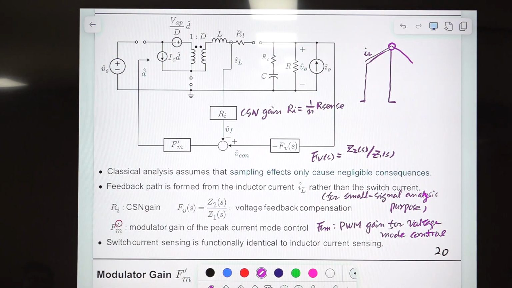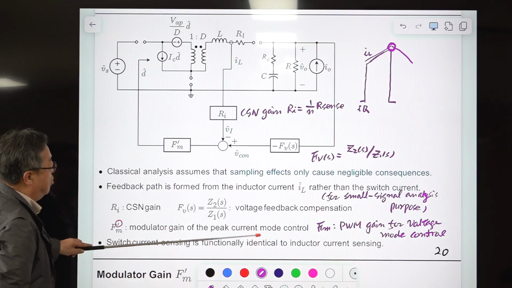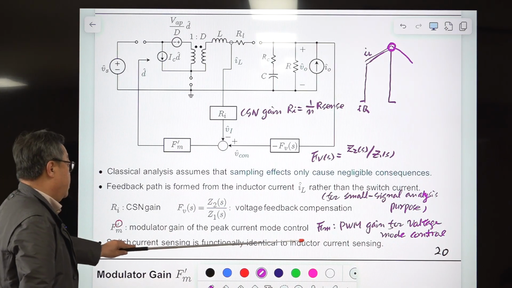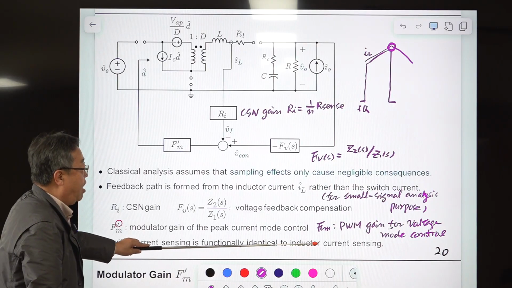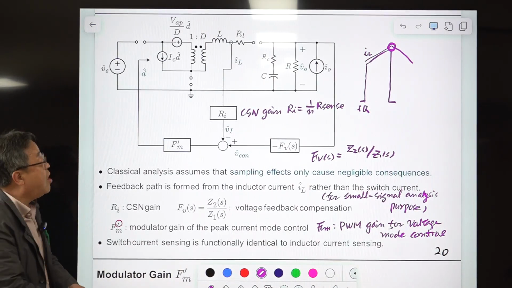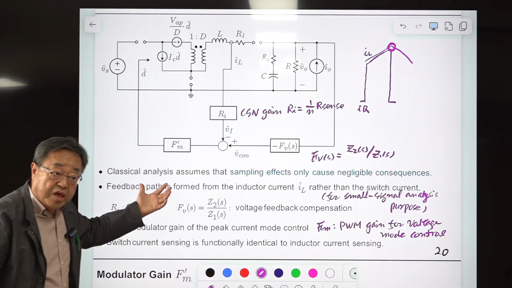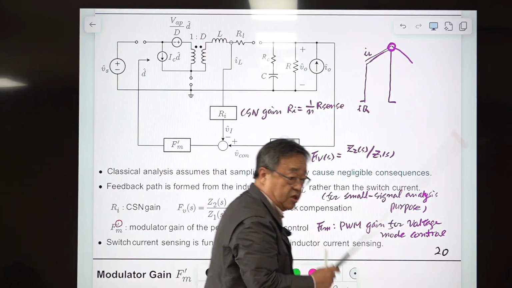IQ is simply the on-time version of IL, but for the control purpose, we are using this information. So theoretically, switching current sensing is exactly identical to the inductor current sensing. So you can use either this one, switch current sensing drawing or inductor current sensing drawing.